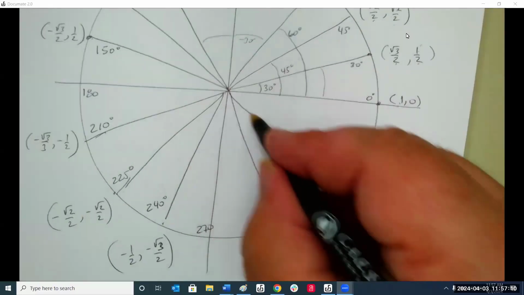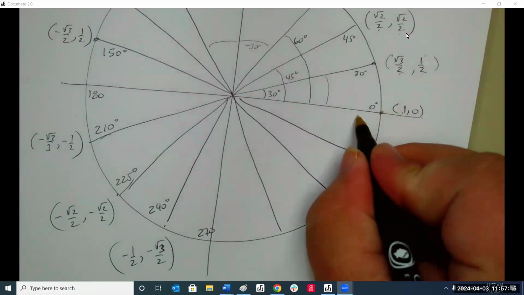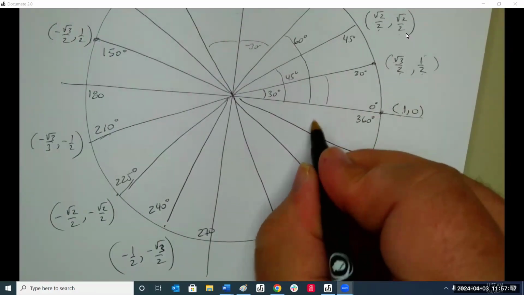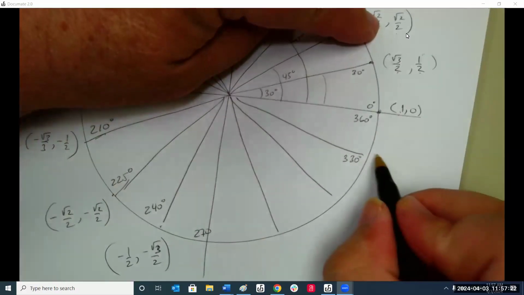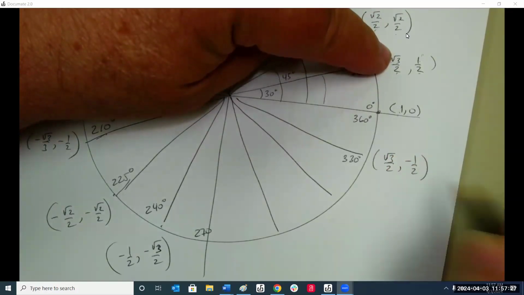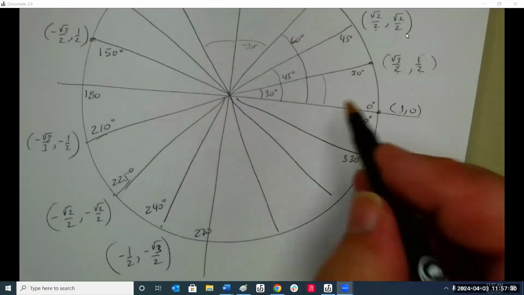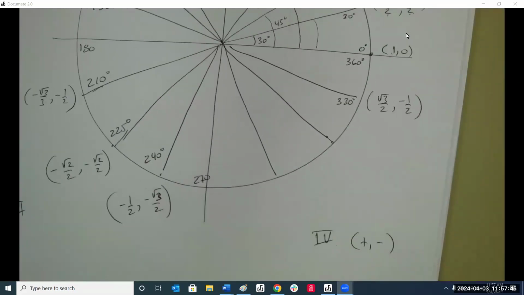And the next three. This is 360 degrees. So if I subtract 30 degrees from 360, I get 330 degrees. The x is positive. The y is negative, because in quadrant 4, only the y values are negative. In quadrant 4, we have positive, negative.